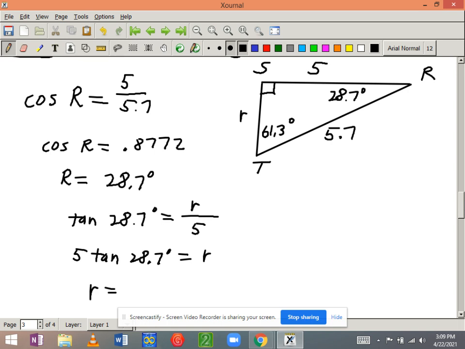You don't have to do it the way you see it. 2.7, let's call it 2.7. So now we know that this side is 2.7. Okay, so we've found all the missing sides and all the missing angles in that triangle, so that triangle is solved.